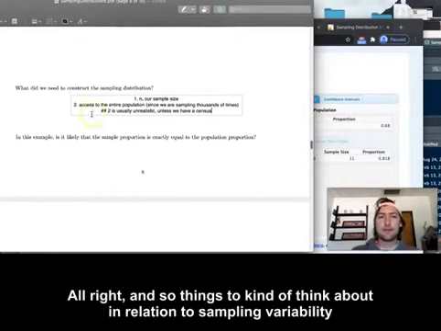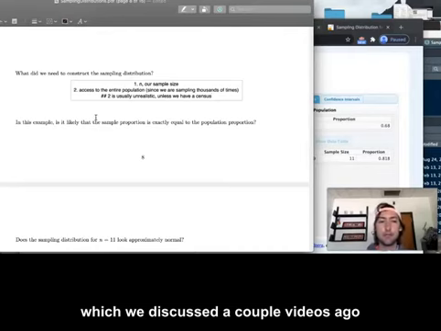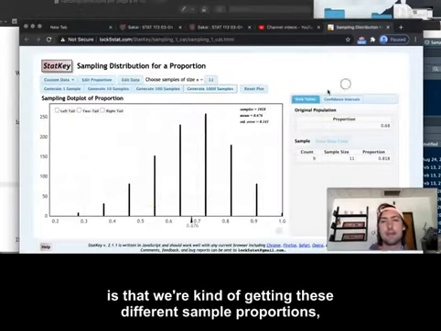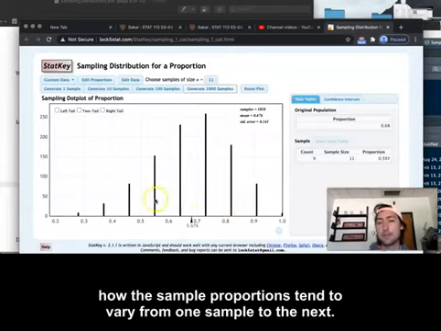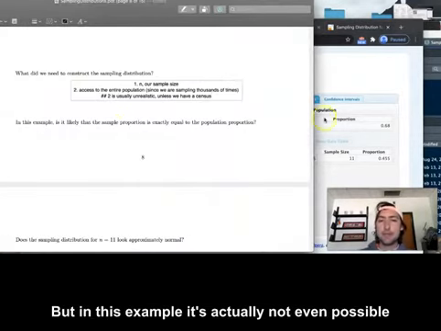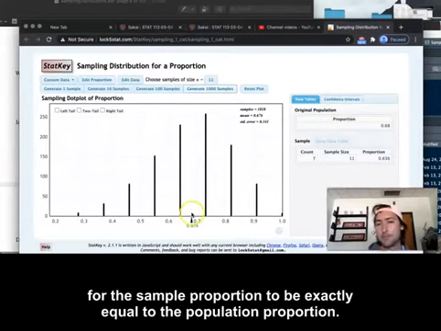Things to think about in relation to sampling variability, which we discussed a couple videos ago, is that we're getting these different sample proportions. Eventually we're going to have a measure of how the sample proportions tend to vary from one sample to the next. But in this example, it's actually not even possible for the sample proportion to be exactly equal to the population proportion.